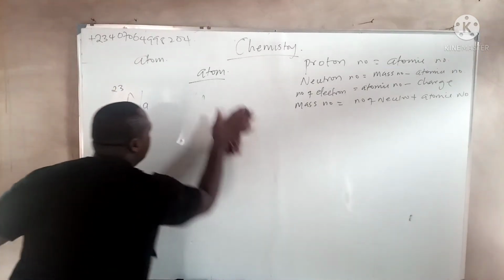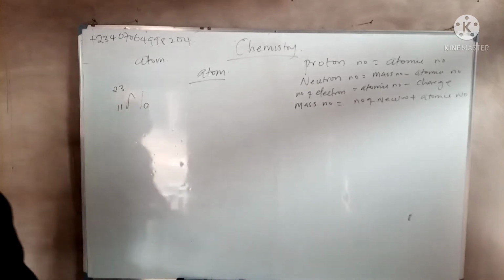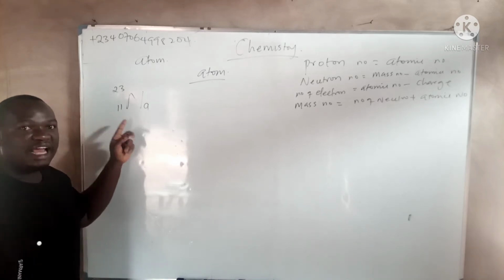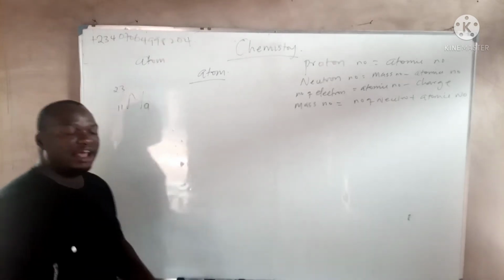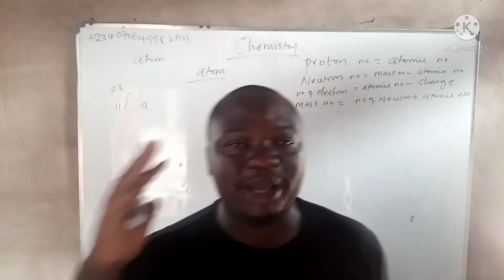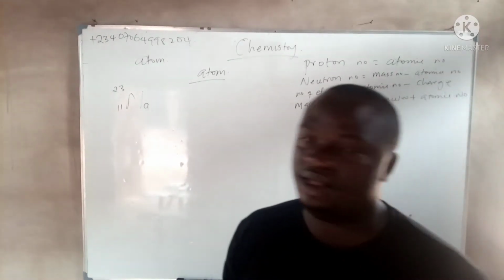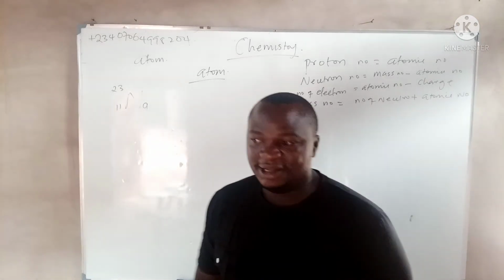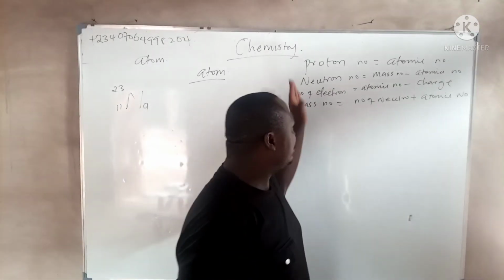For my videos on isotopes, check them on my channel. This 11 is the atomic number, and I said in my video on isotopes that another name for the atomic number is the proton number. The 23 is the mass number. Look at this place. It's a very beautiful formula.